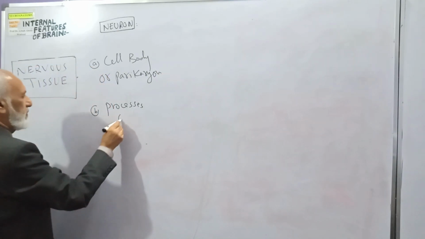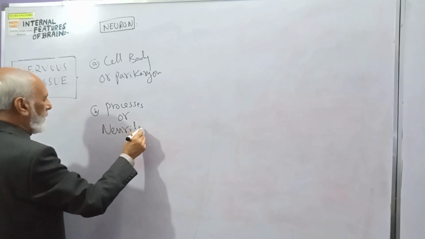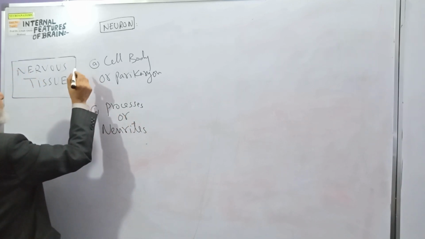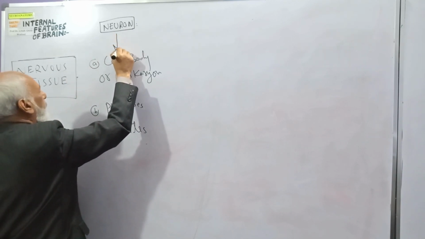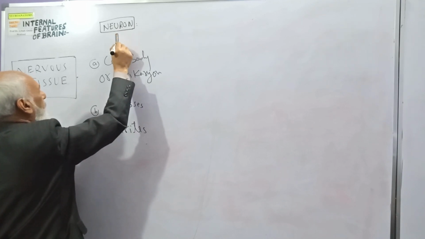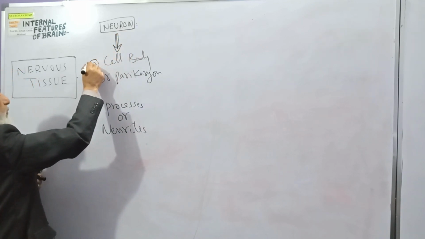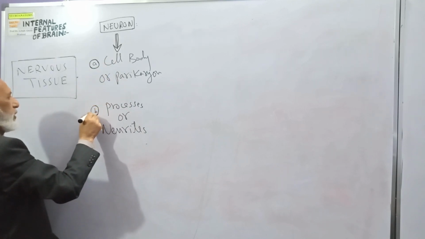And the processes are also known as neuroids. These are the parts of neuron. Each neuron has a cell body called perikaryon and processes called neuroids.